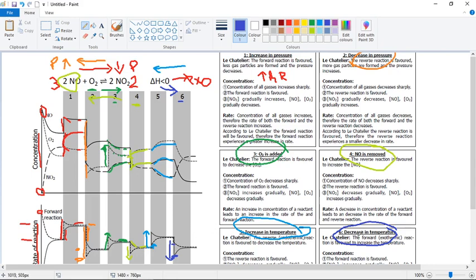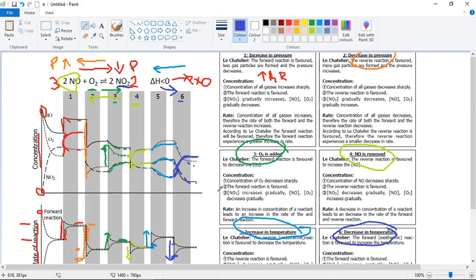So now, because this decrease in temperature has favored the forward reaction, because the forward reaction is exothermic, the forward reaction produces nitrogen dioxide. So boom, here goes my concentration of nitrogen dioxide up again. And in order to increase this concentration of nitrogen dioxide, the levels of the nitrogen monoxide and the levels of the oxygen must go down.